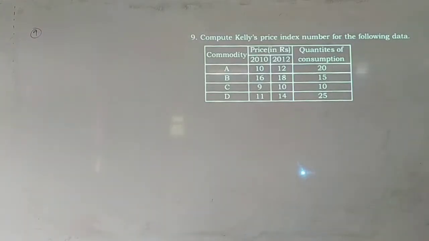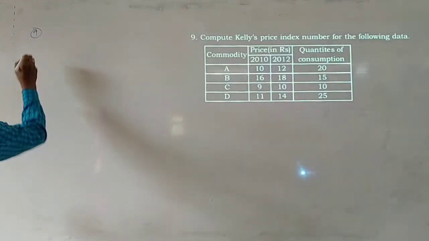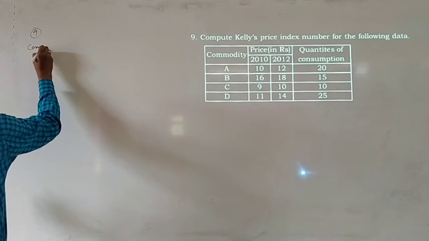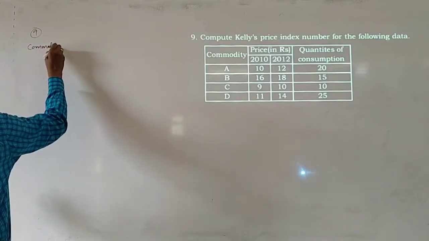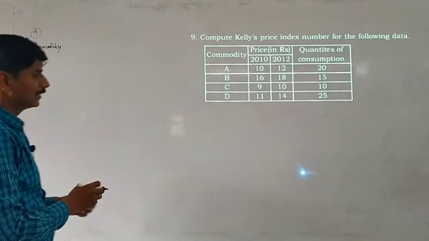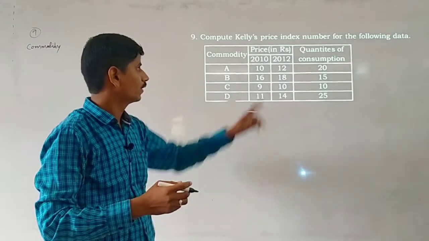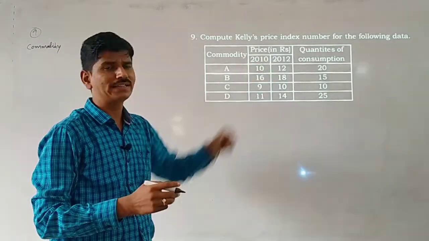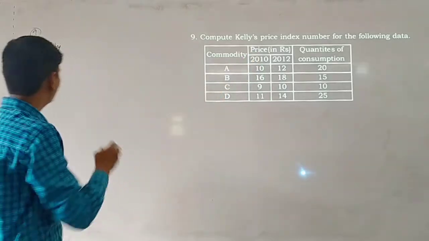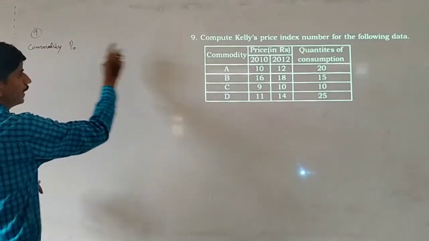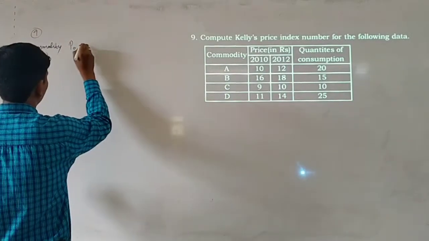Here they are given commodities, commodity price in 2010 and price in 2012. Here 2010 is the base year and 2012 is the current year. Base year price is denoted by P0 and current year price is denoted by P1.